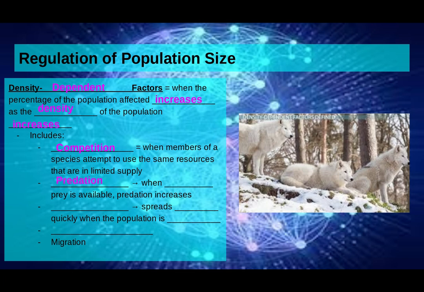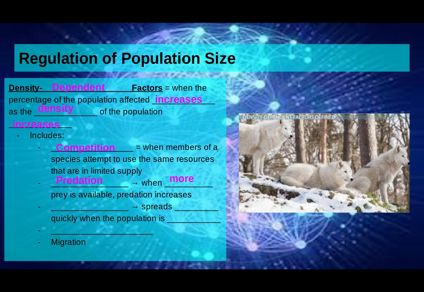Also predation. When more prey is available, predation increases. We're actually seeing this in Walker, Michigan right now. When we had this massive decrease in the number of car accidents between cars and some of our local species like raccoons, rabbits, and deer, we started seeing a massive influx of some of our predator populations.